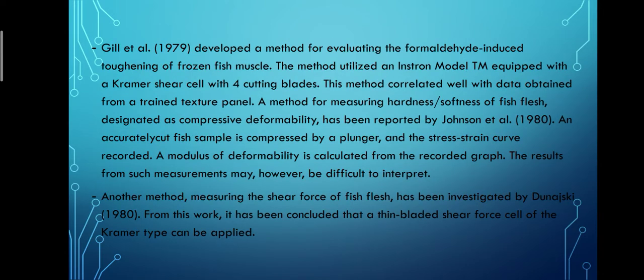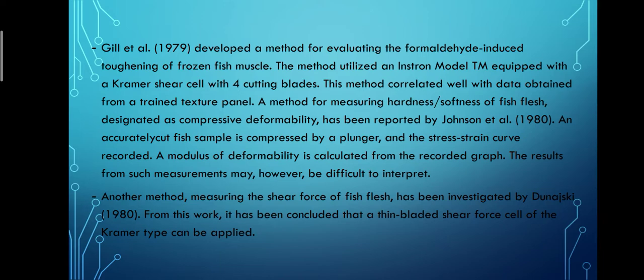Gill and others in 1979 developed a method for evaluating the formaldehyde-induced toughening of frozen fish muscle. The method utilized an Instron model TM equipped with a Kramer shear cell with 4 cutting blades. This method correlated well with the data obtained from a trained texture panel. A method for measuring hardness or softness of fish flesh, designated as compressive deformability, has been reported by Johnson and others in 1980.